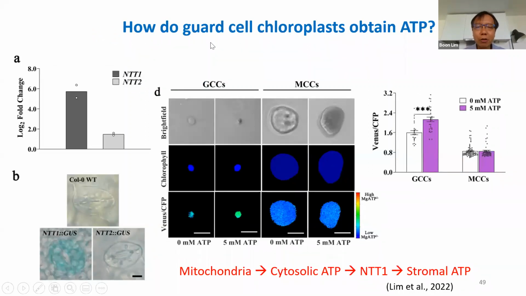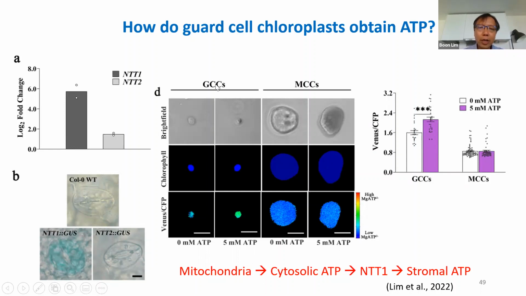So if the guard cell does not generate a lot of ATP by photosystem, then it has to import ATP from the cytosol. We looked at our guard cell data, and we can show that the guard cell actually expresses a high concentration of NTT1.